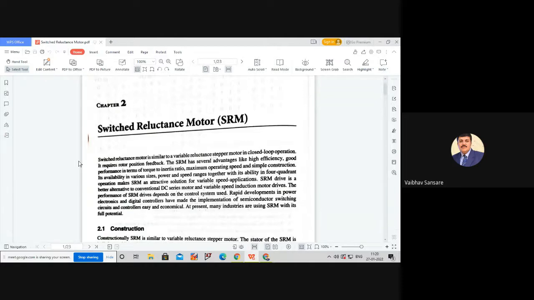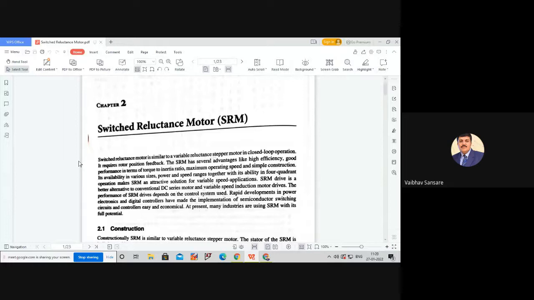Therefore, the DC series motors used in certain applications can be replaced with the SRM, because the SRM produces a high value of torque and has good performance in terms of torque to inertia ratio.